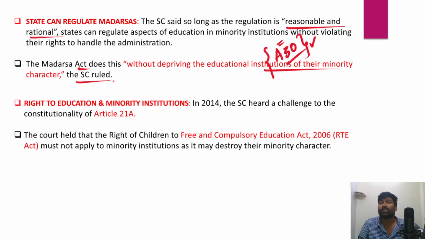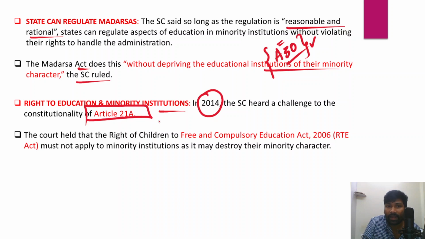And apart from that, the Supreme Court has held on the right to education and minority institutions. In 2014, the Supreme Court heard a challenge to the constitutionality of Article 21A, and as I have already told you, Article 21A talks about the right to education, right?